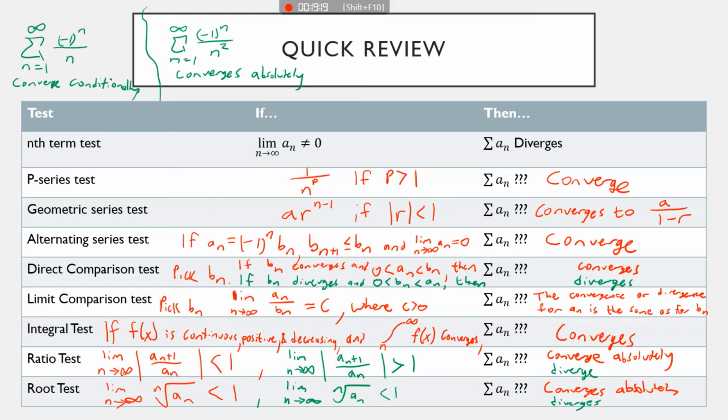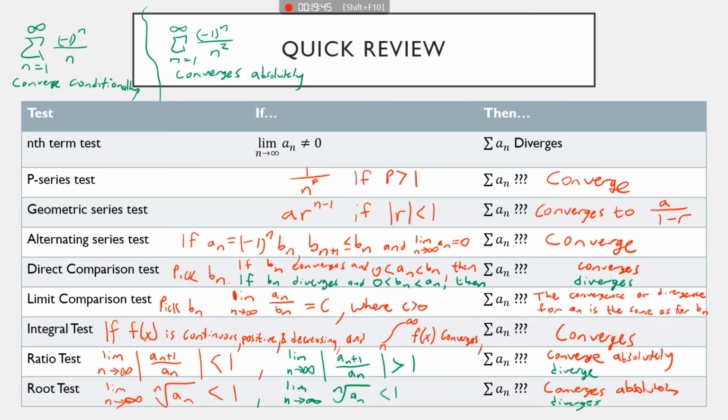So if we take away the part of this function that alternates, and changing that would make our series diverge, then we can say that the alternating series converges conditionally. So if the only reason this is converging is because it's alternating, then it converges conditionally.